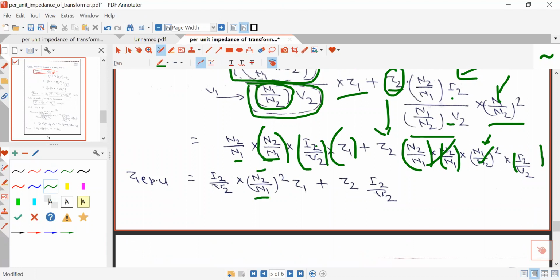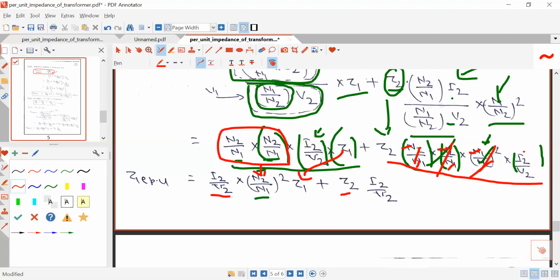So you can write this term as I2 by V2, N2 by N1 whole square, and this term Z1 is here. Similarly here, N2 square will cancel with this N2 square, and N1 square will cancel with this, so these terms cancel each other. The remaining term will be Z2 into I2 by V2.